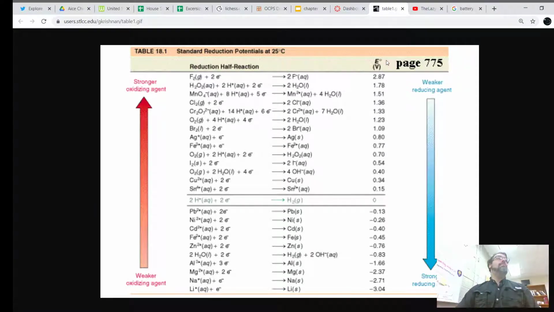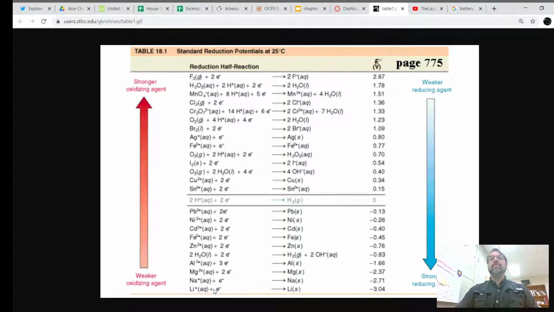That means the best possible materials for the battery we want to make are lithium on our anode side and fluorine on our cathode side. Now, obviously, fluorine gas is a little suspicious. You don't want to be working with that. But that's how we can maximize the amount of energy in a battery.